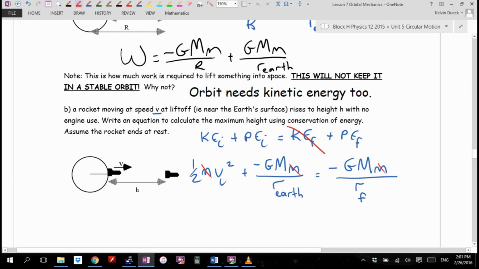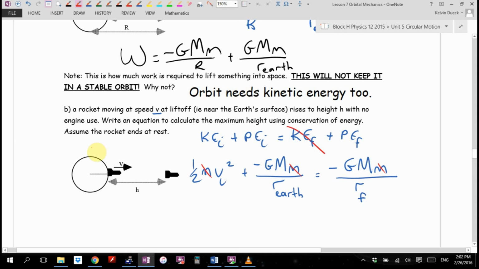What does this question want me to find? Height. Height does not show up yet. What do I need to find in order to figure out the height? R final.